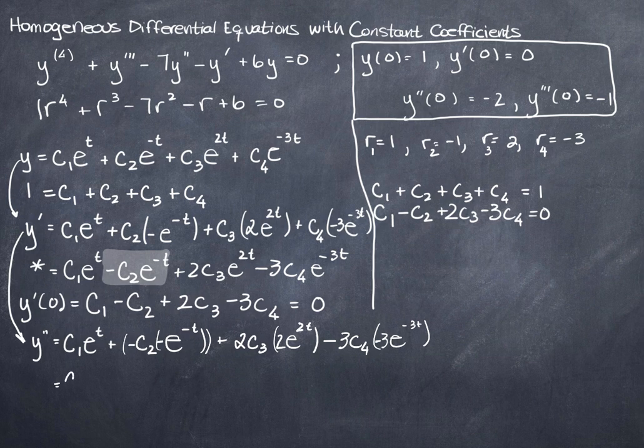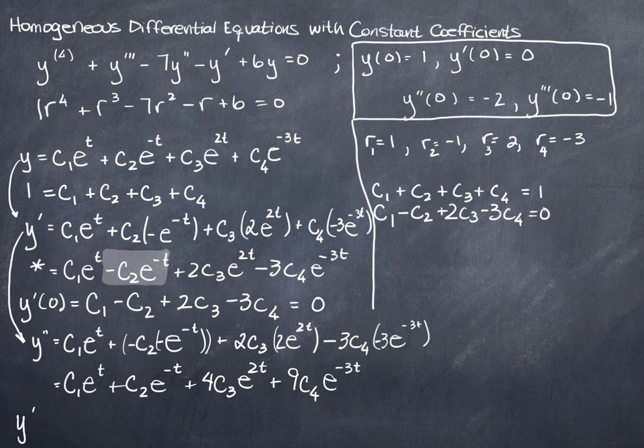That is c1 e to the t plus, because I have a product of two negatives here, plus c2 e to the negative t plus 4c3 e to the 2t plus 9c4 e to the negative 3t.